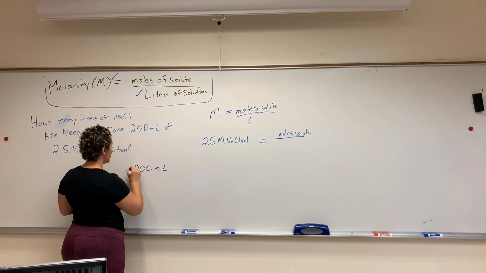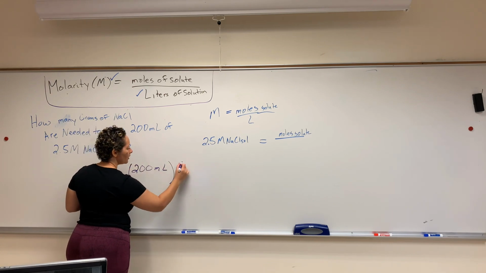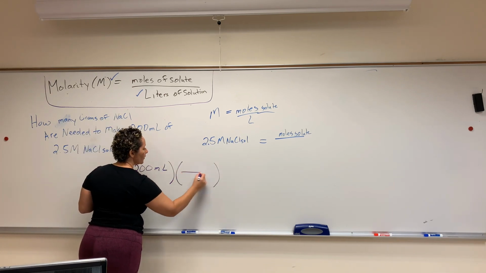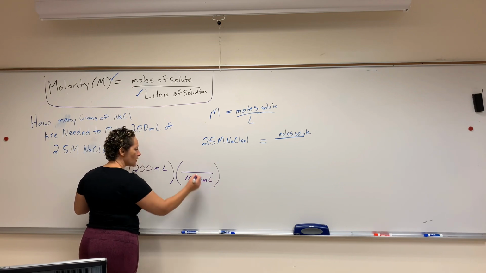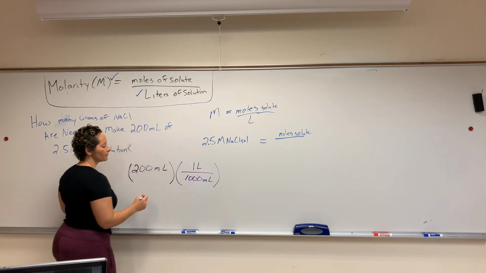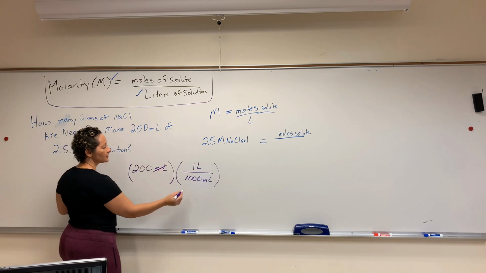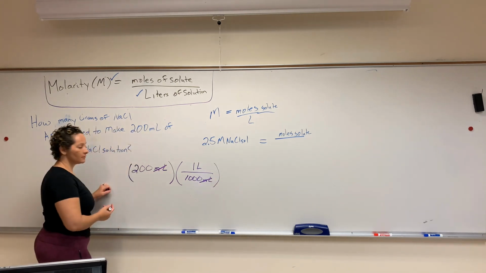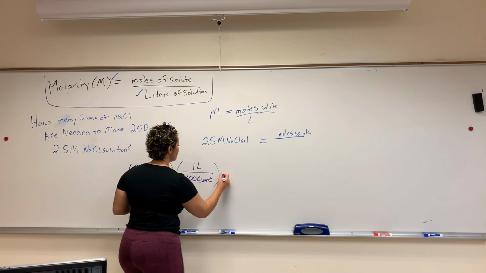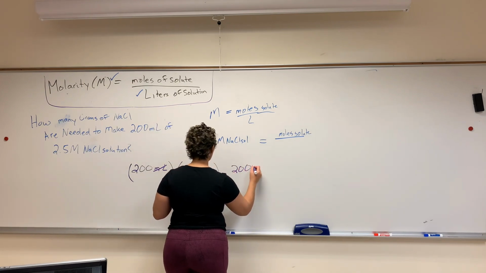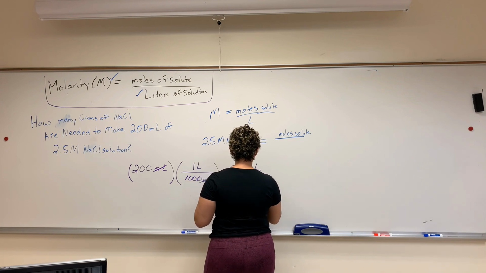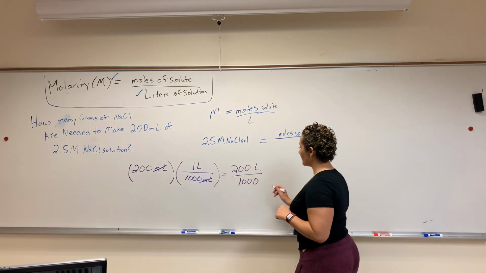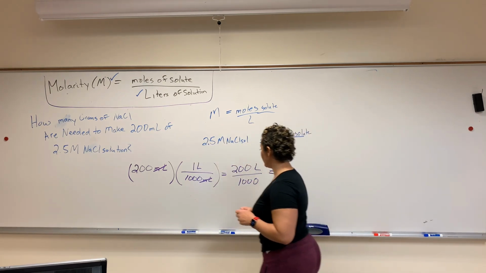There are 1,000 milliliters per 1 liter. Cancel milliliters, cancel milliliters. So 200 divided by 1,000, just plain old 1,000, we got rid of our label. Go ahead and divide it.